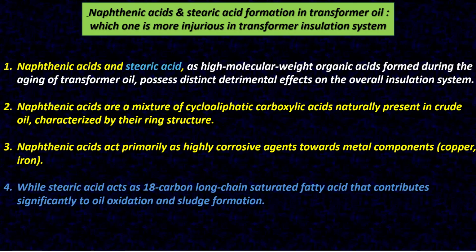Two, naphthenic acids, a mixture of cycloaliphatic carboxylic acids naturally present in crude oil characterized by their ring structure, act primarily as highly corrosive agents towards metal components, copper and iron, while stearic acid, an 18 carbon long chain saturated fatty acid, contributes significantly to oil oxidation and sludge formation.